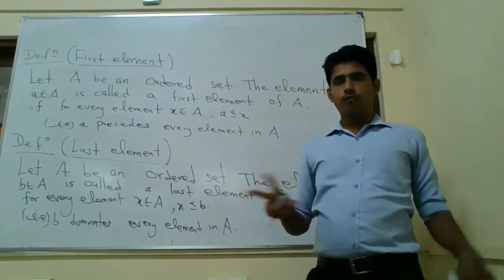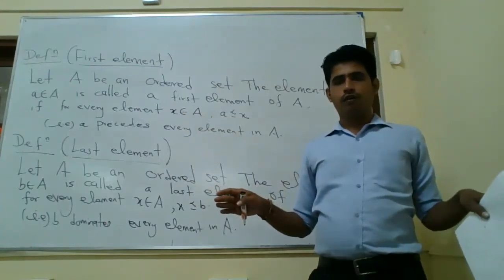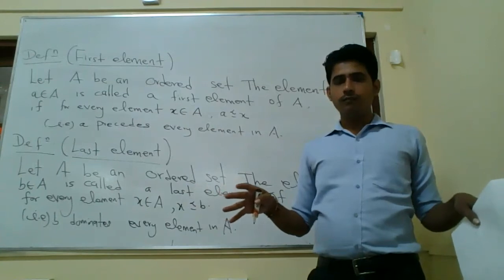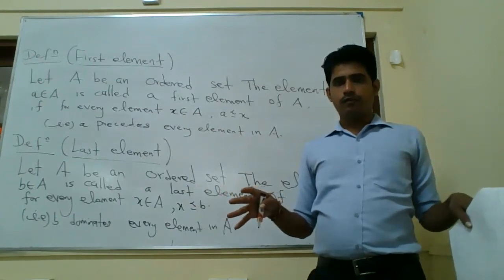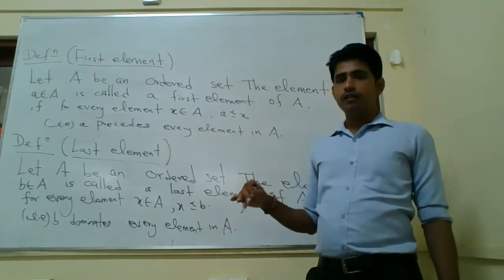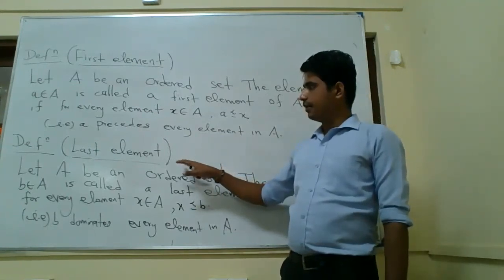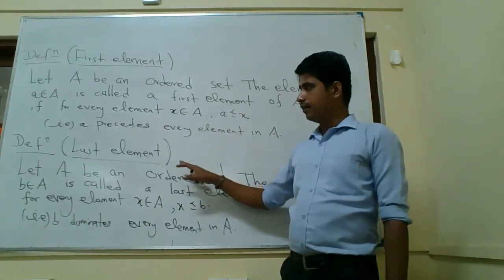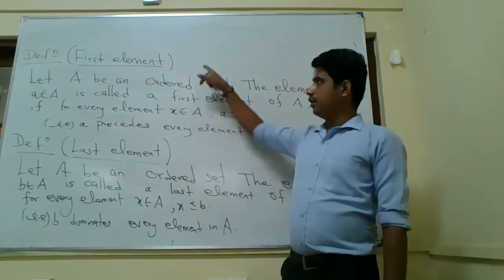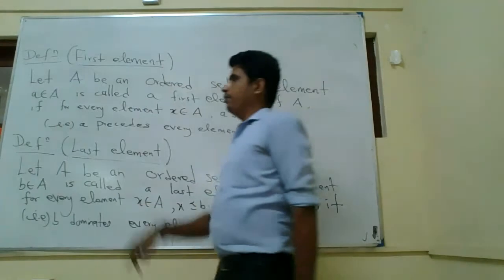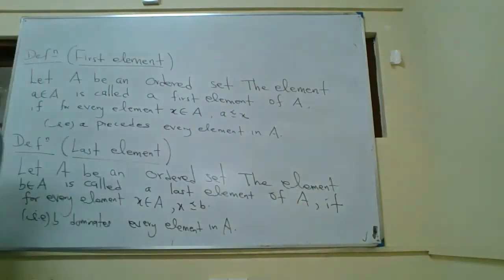Suppose you have more than one maximal element, then you can't find a last element.